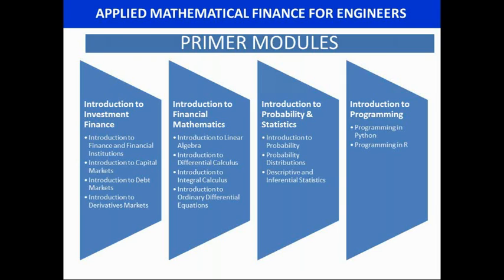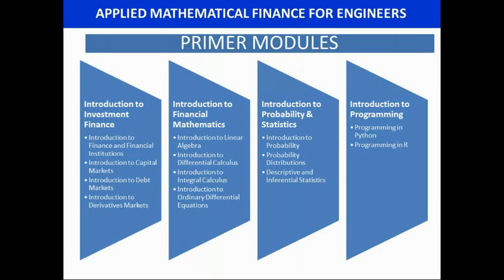And also the third module is for those who do not have the requisite background in statistics. So you have introduction to probability and introduction to probability distributions and descriptive and inferential statistics that forms the basic background that is needed to take up further advanced probability courses.